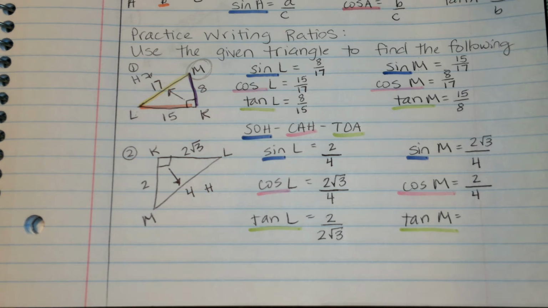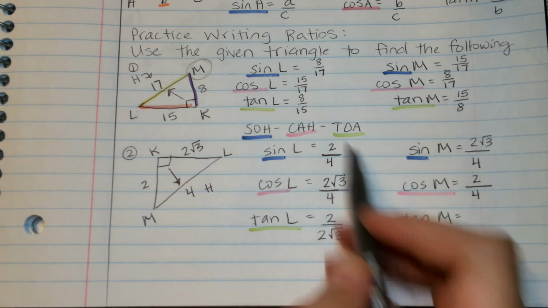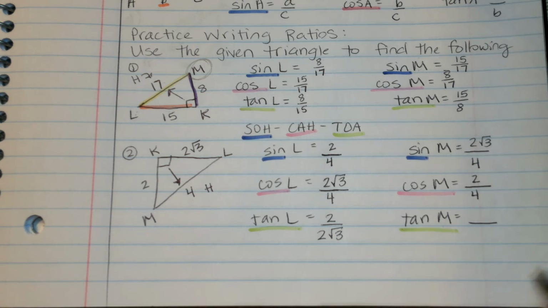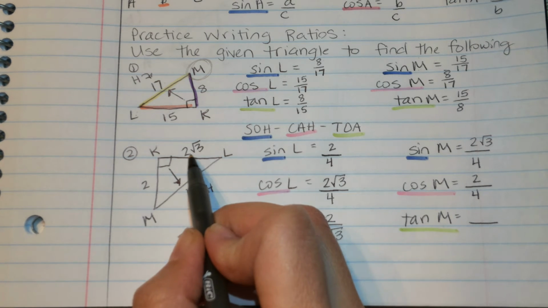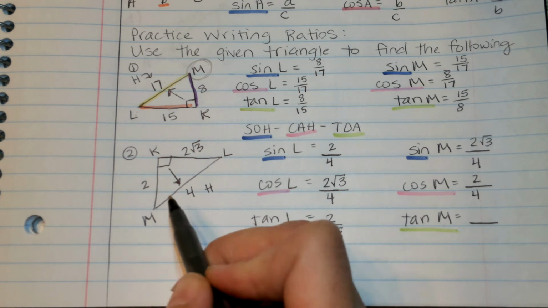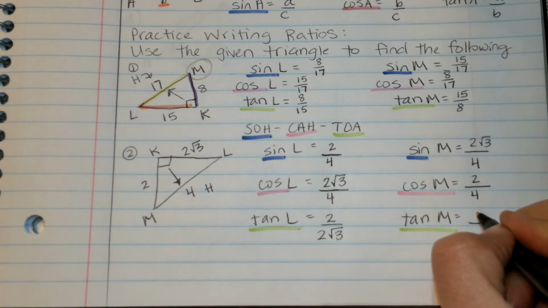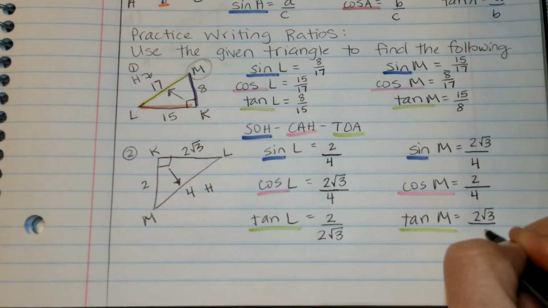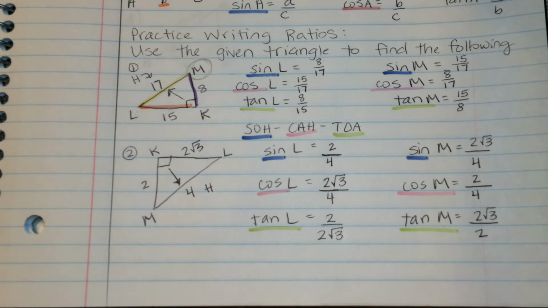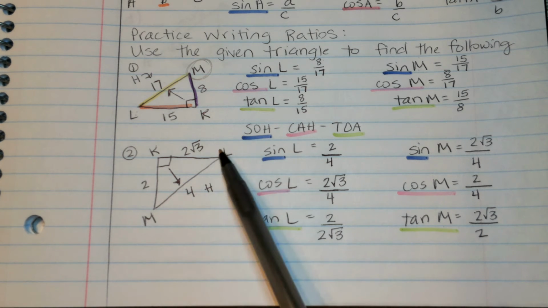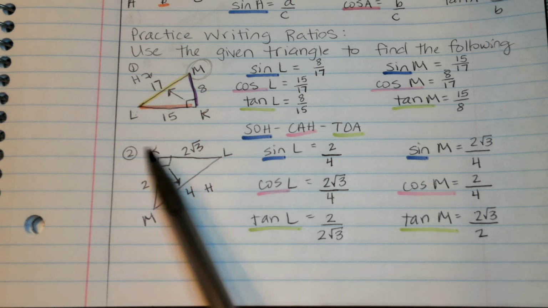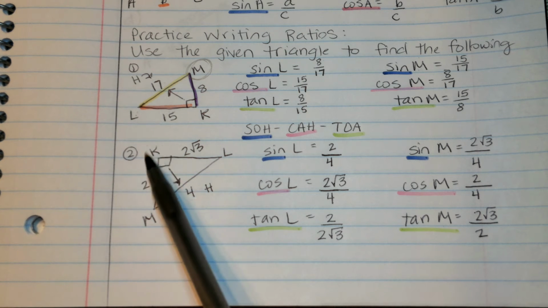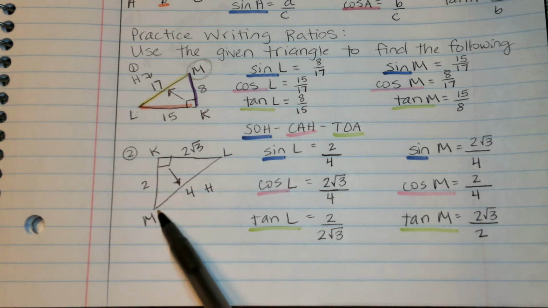And then tangent M, from M, I'm going to do O over A. O is opposite, A is adjacent. A is always next to it. So 2 square root of 3 over 2. And then I can check all my different ratios. They should be different because I'm looking from L and then I'm looking from M. Again, we would never look from the right angle, we would never look from K, only the other two angles.